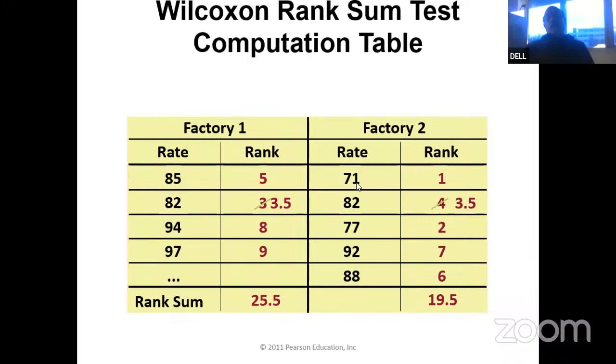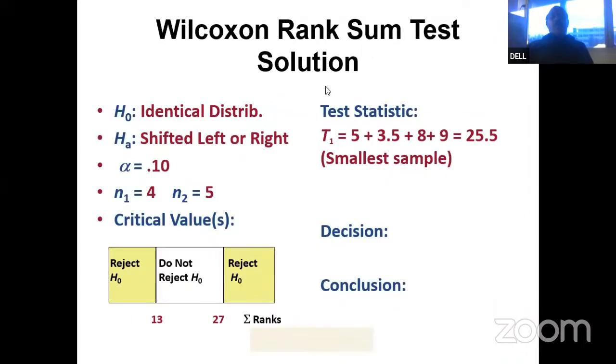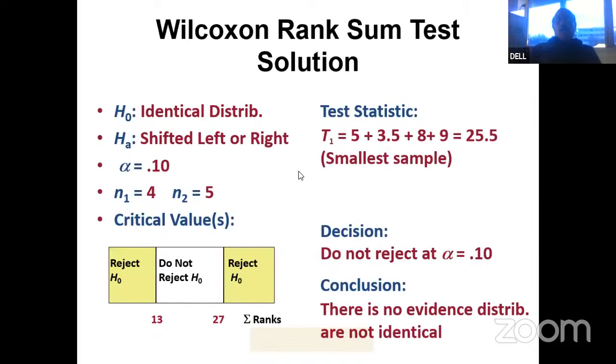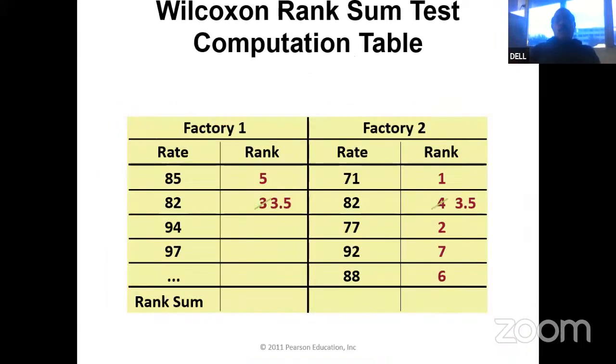The lowest value here is 71, given first rank. Like that, you have to allot the ranks, and add the ranks of the first factory and the second factory separately. After this, the total ranks are added: the ranks related to distribution 1 and distribution 2 are totaled.